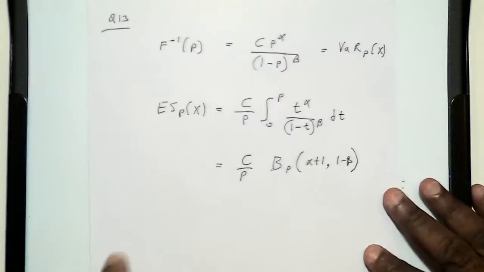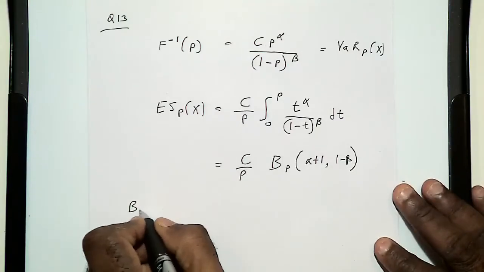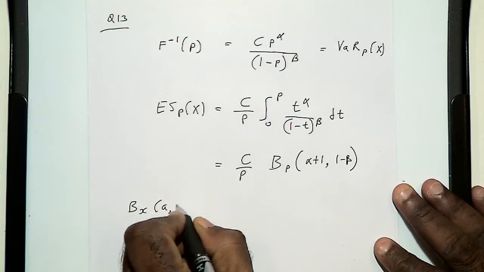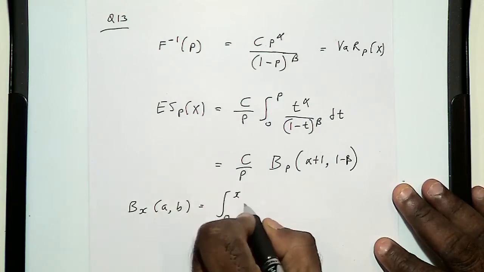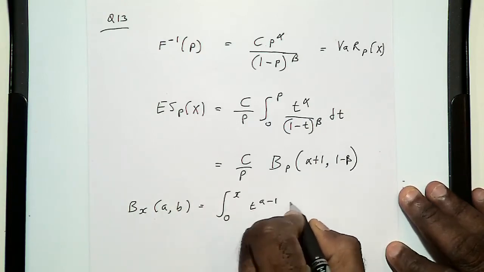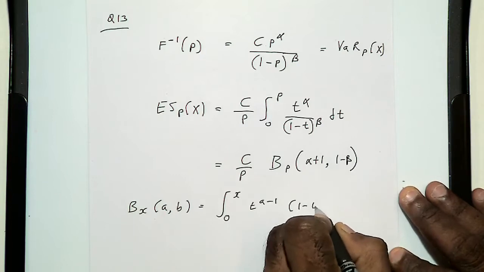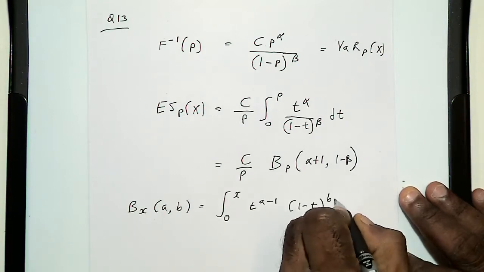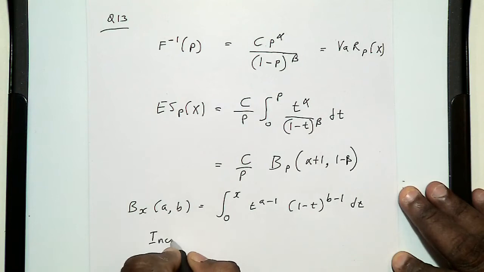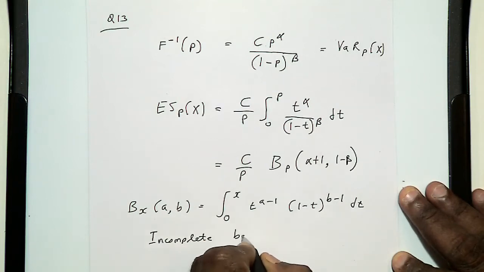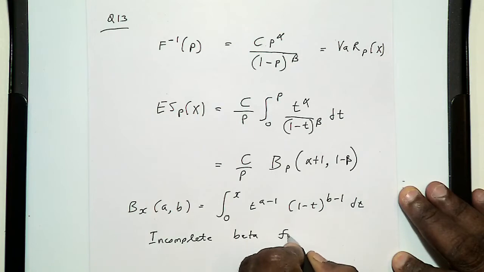If you don't remember, I will write it down one more time. This is known as the incomplete beta function at a and b.